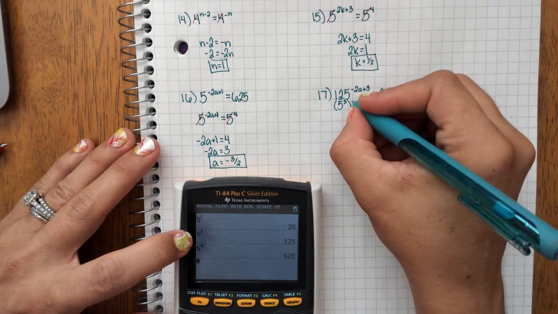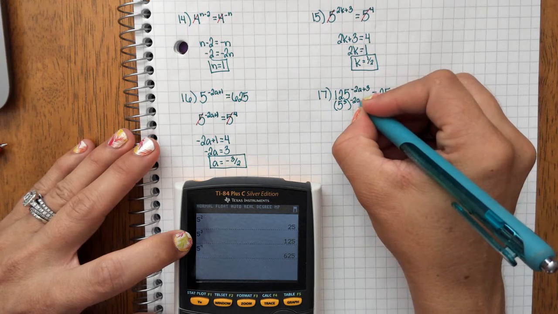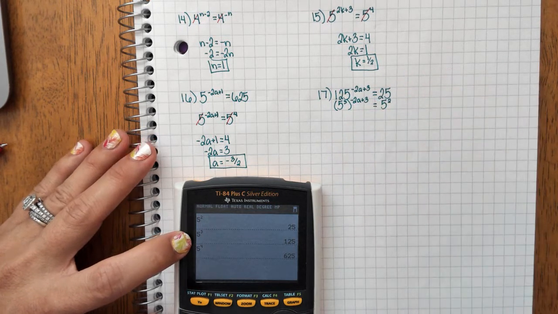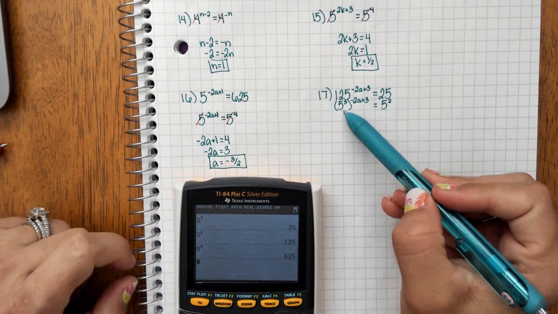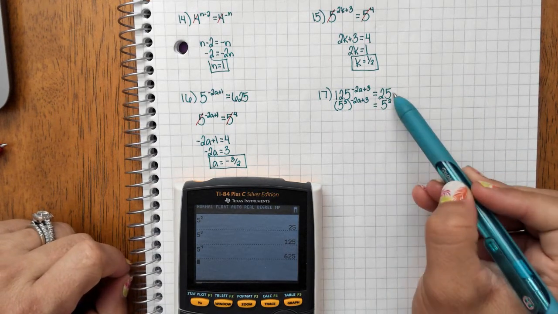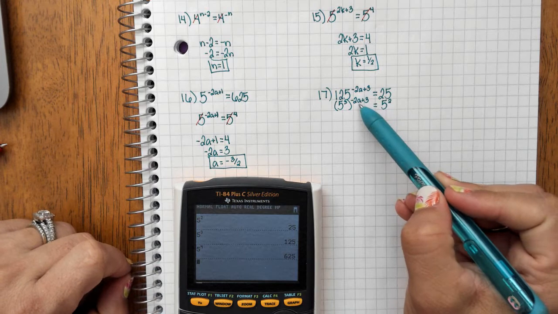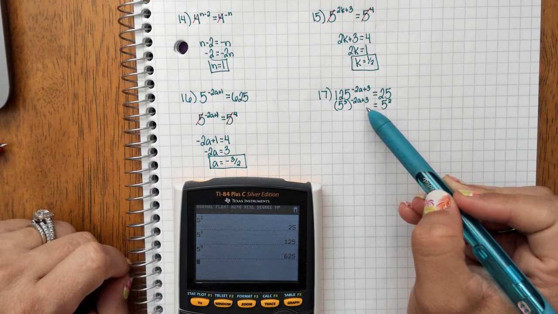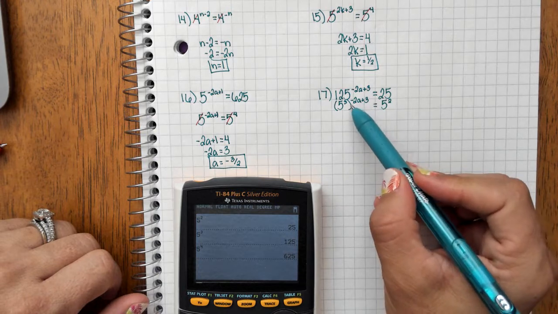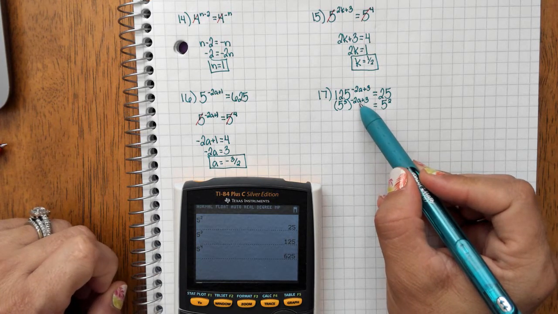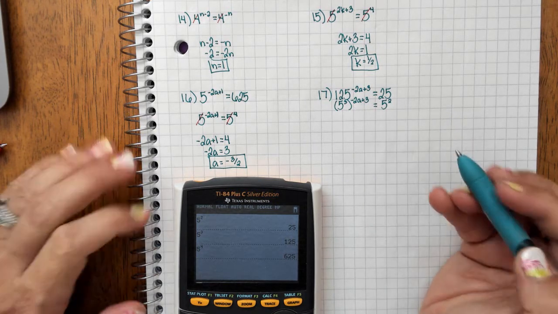But it still has this other part of the exponent, 2a plus 3. So again, 125 becomes 5 cubed. 25 becomes 5 squared. This exponent still stayed there. Now, just like we reviewed on the exponent problems, when you have an exponent outside of your parentheses, you're distributing it.